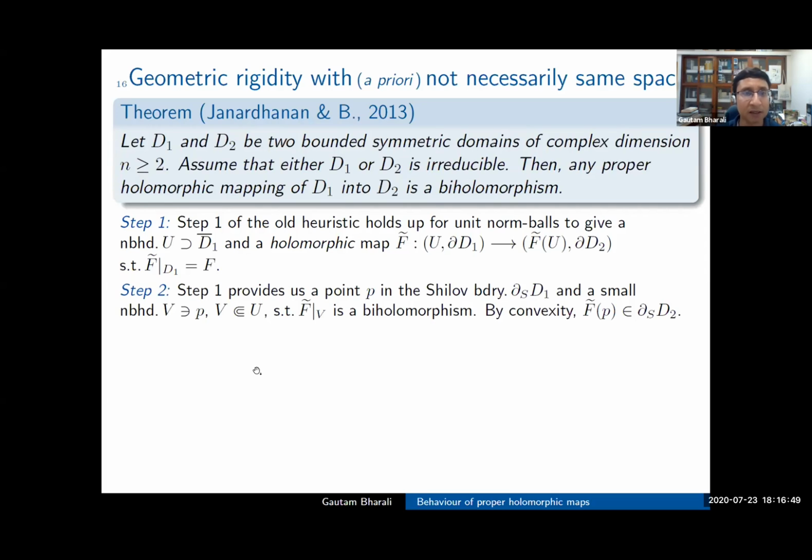So that's step one. Now, step two, I'm going to be really quick about this. I'm not going to go into what a Shilov boundary is.